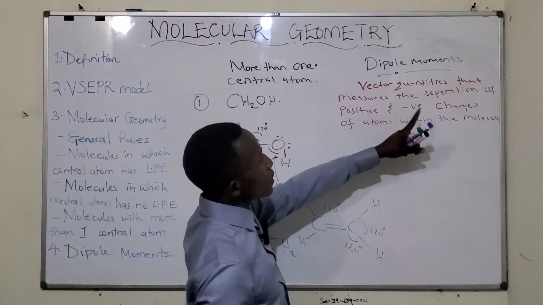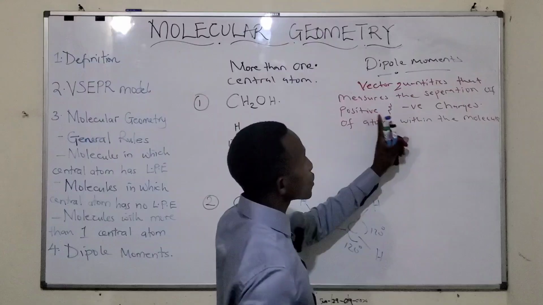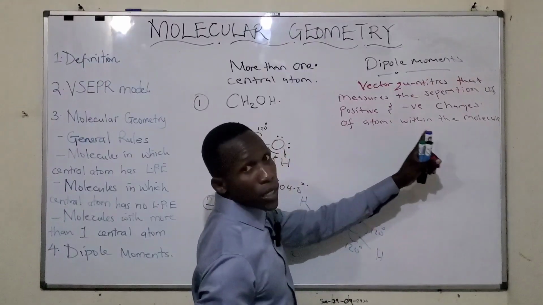So, the vector quantity that measures the separation of positive and negative atoms within a molecule.